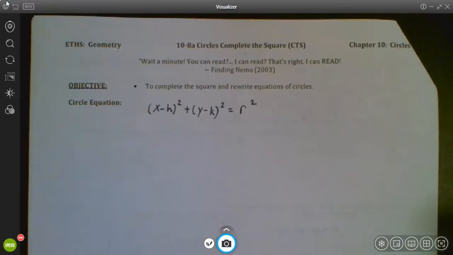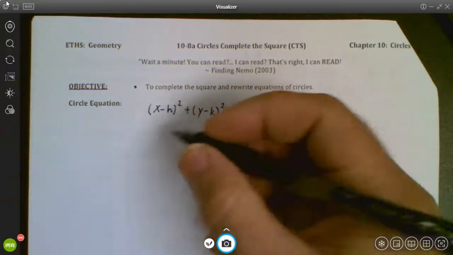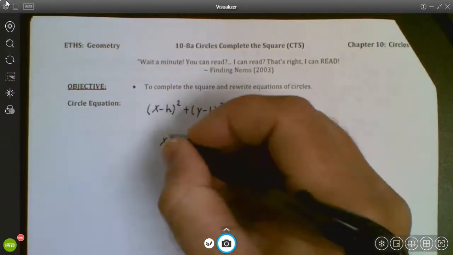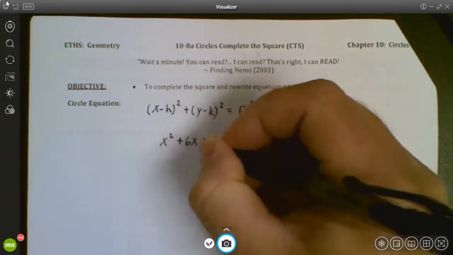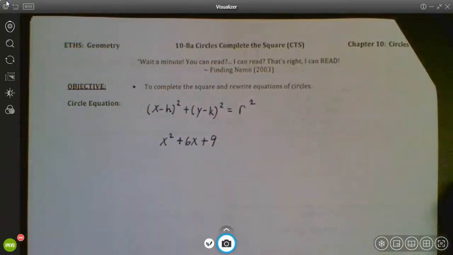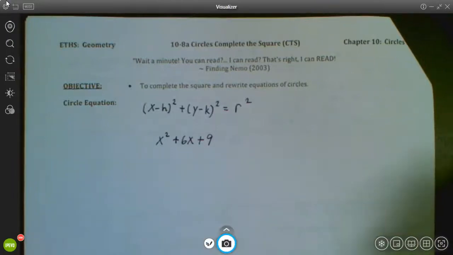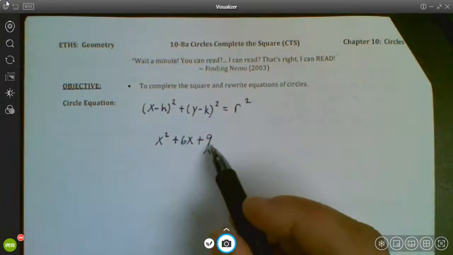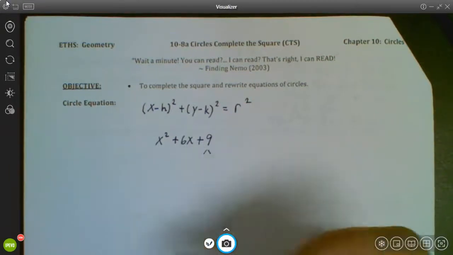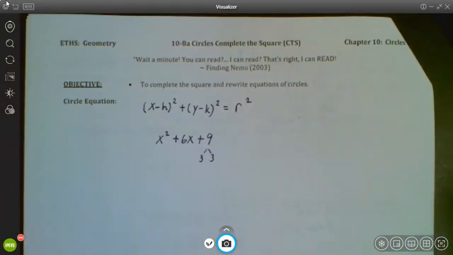Just as a quick reminder on the process that we use with parabolas. Remember that the reason we have a quantity squared is because if you were to take a perfect square trinomial, this was an example that we used in a previous lesson, it's a perfect square because if you were to try to factor it, like if we said what are numbers that multiply to be 9 that add to be 6, they would be the same, right? It's the same number. It's 3 times 3.